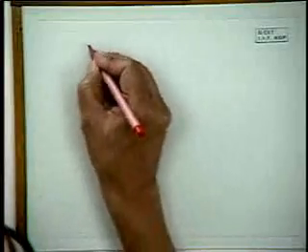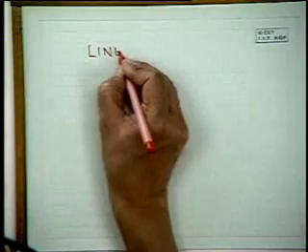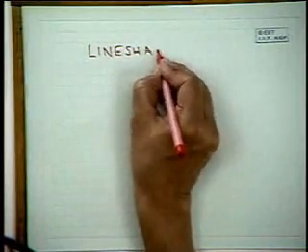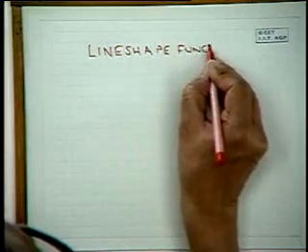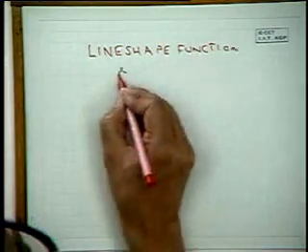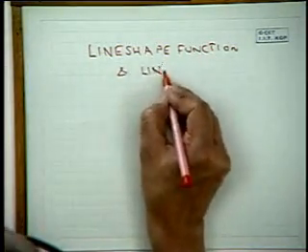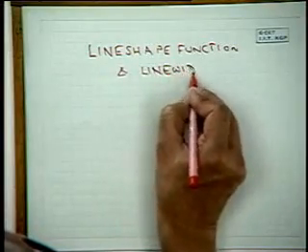So since we're talking about the spectral, let me just end with a discussion of line shape function and line width. I just mentioned what are the line widths that are available.